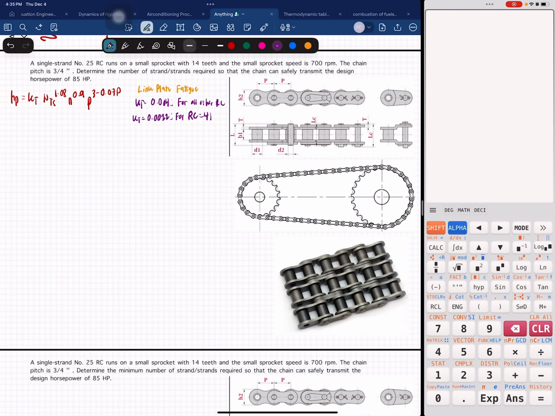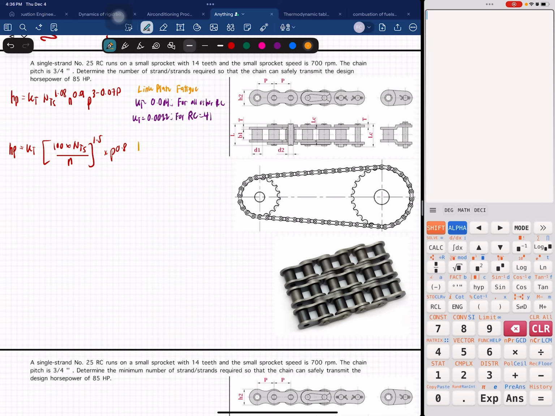Now for the other equation, we have roller bushing impact. The rated power is KT multiplied by 100 multiplied by the teeth of the smaller sprocket over the speed of the smaller sprocket raised to 1.5, times pitch raised to 0.8.